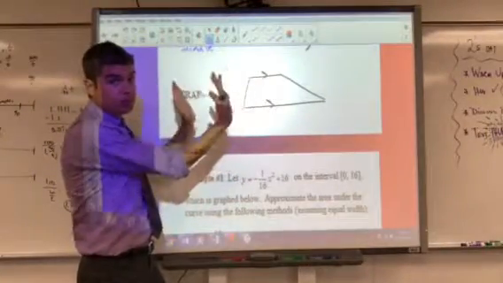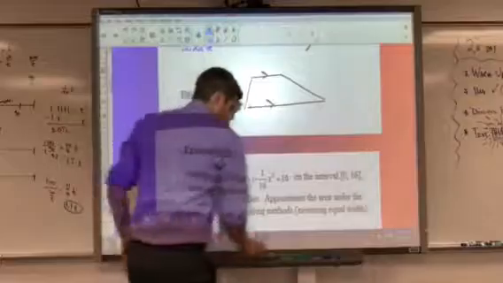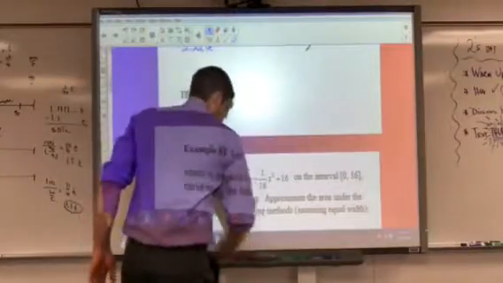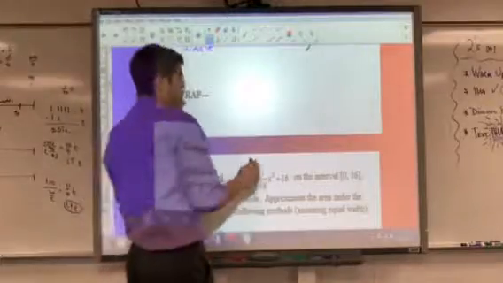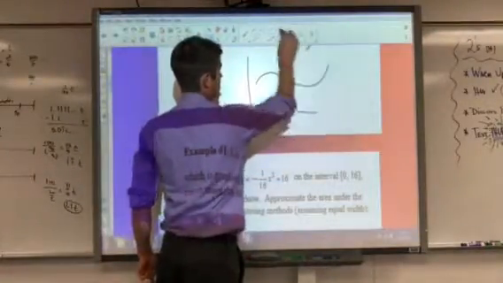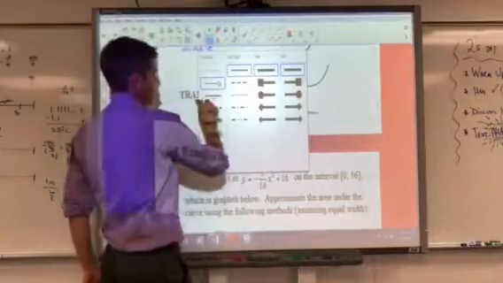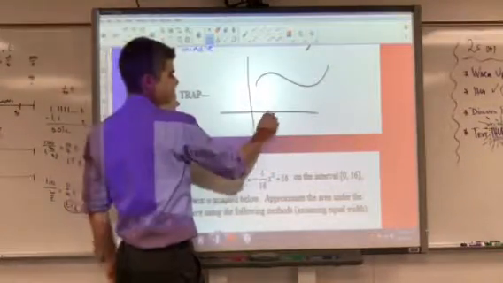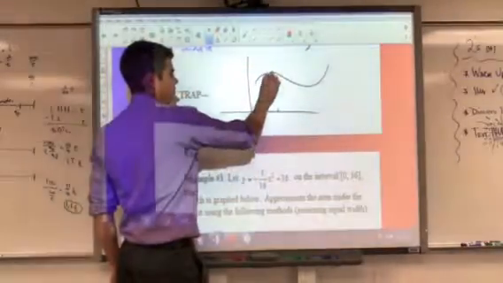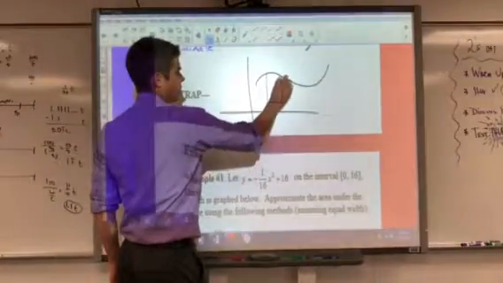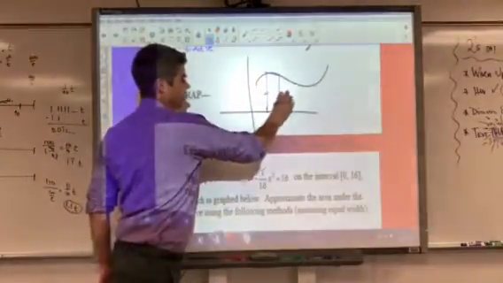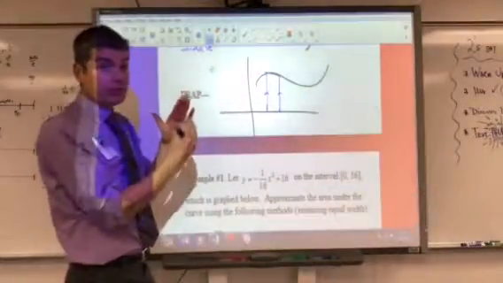Take that trapezoid and turn it sideways, and you're going to start inscribing a whole bunch of trapezoids underneath your particular curve. So if this is my graph, just some arbitrary function, and this is the interval and this is the interval, I would actually go up, touch the graph, go up, touch the graph, and then make a line.